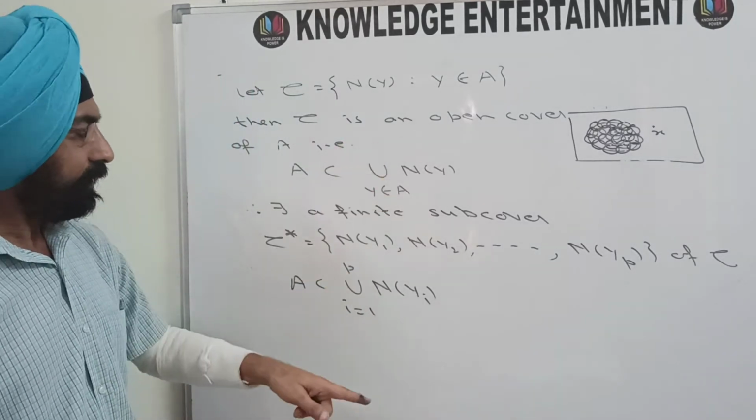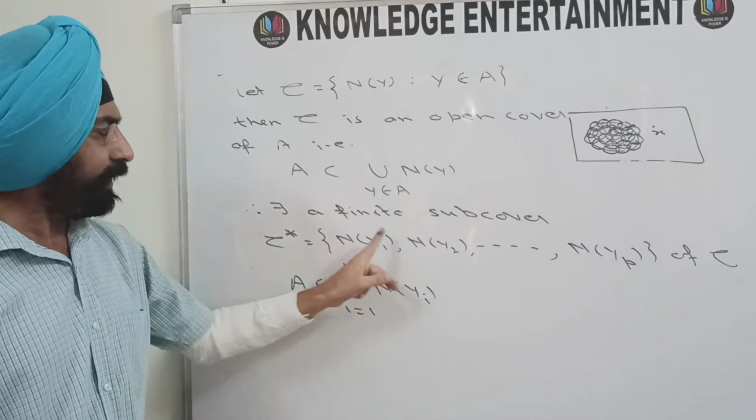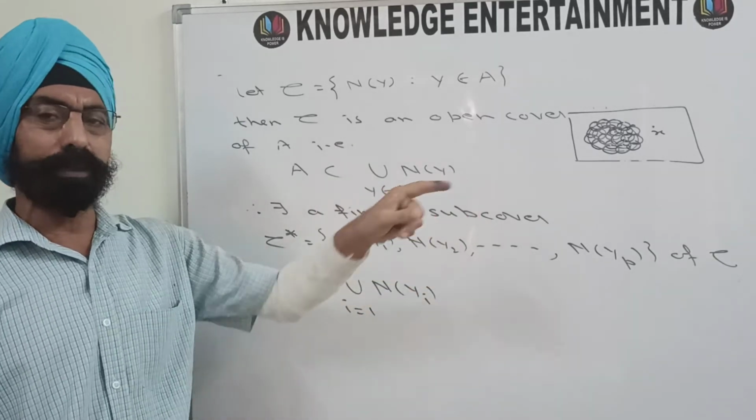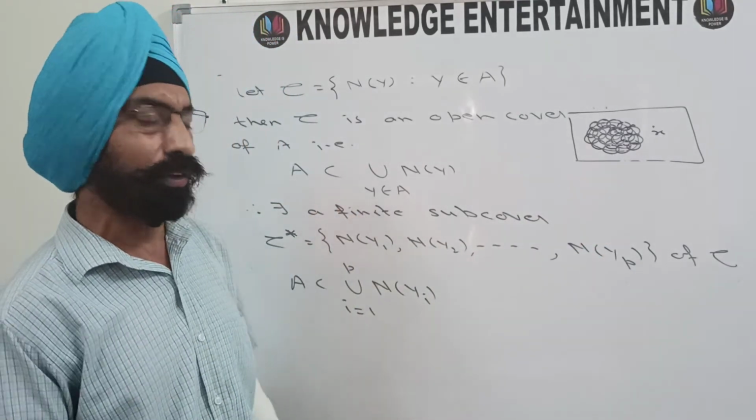On the other side, corresponding to each Ny, there is one Mx. So for Ny1 there will be Mx1, for Ny2 there will be Mx2, for Nyp there will be Mxp. So I am considering the intersection of those members.